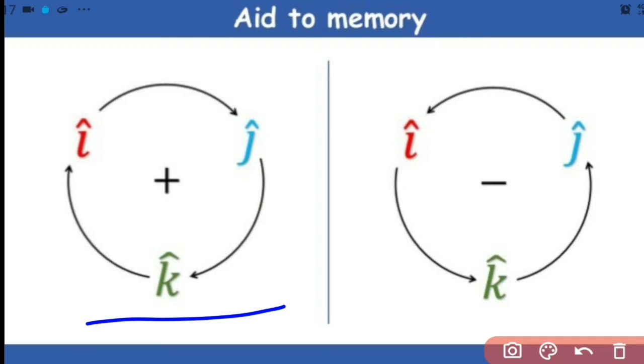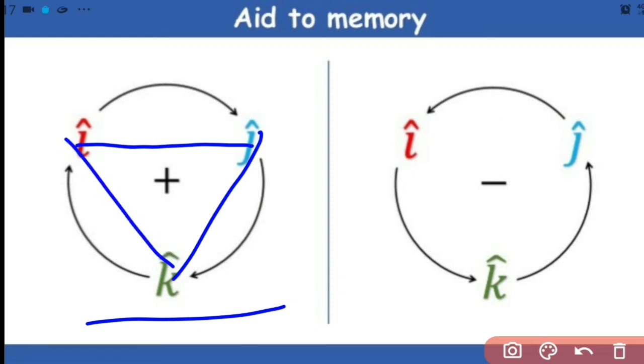So when we take i cross j, it is k. Then when we take j cross k, it is i. When we take k cross i, it is j. That is how we remember the cross product in cyclic order.